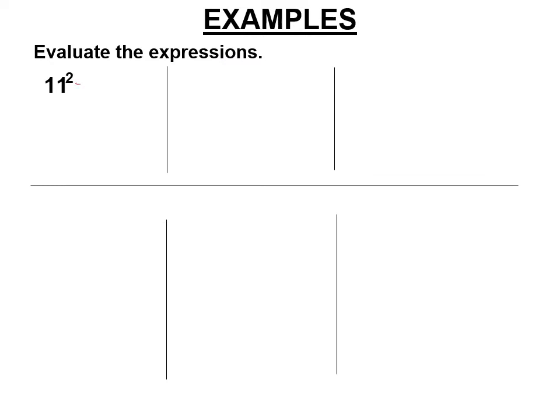So that's 11 squared, which is 11 times 11, which is 121. That is 2 to the 5th, which is 2 times 2 times 2 times 2 times 2. 2 times 2 is 4, times 2 is 8, times 2 is 16. I'm going too fast. Times 2 is 32.